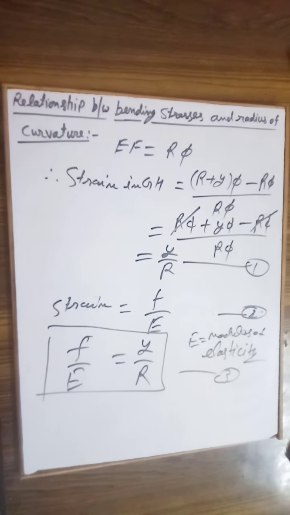Now to find the relationship between the bending moment and the radius of curvature, we need to draw another diagram.